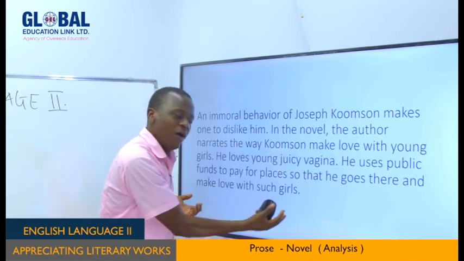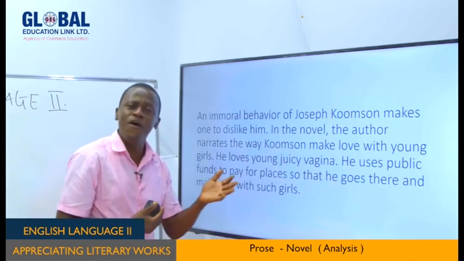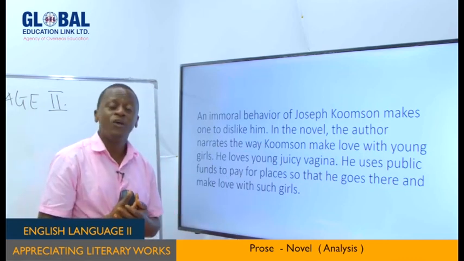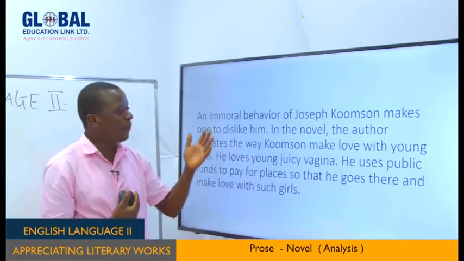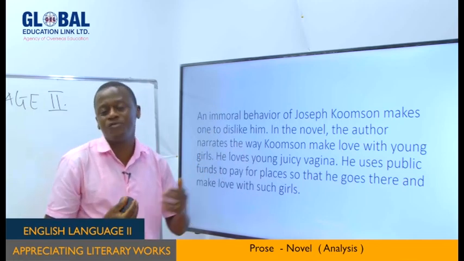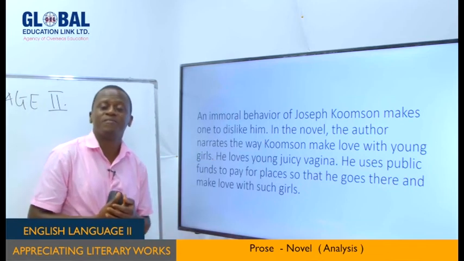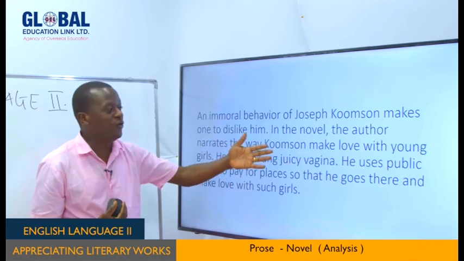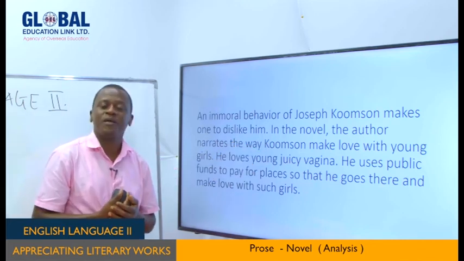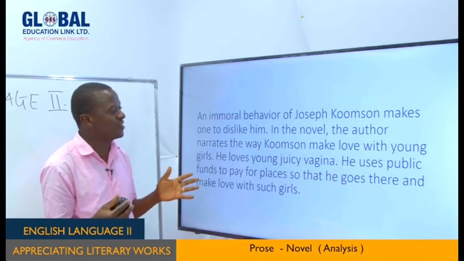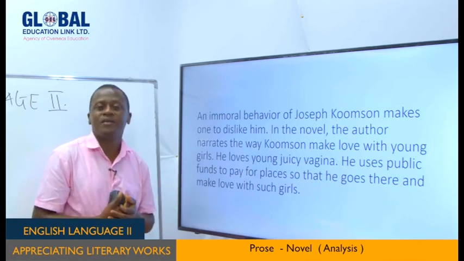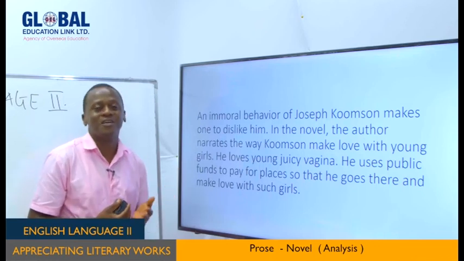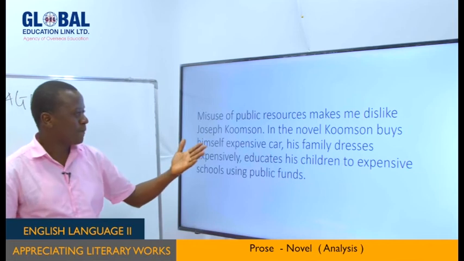That such people like Thompson should be avoided. Such a person should be taken to the court of law. Such a person should be alienated from the society. Because Thompson is not there to build a just society, a society which is morally upright. He is destroying the young generation. Dear students, let us move to the next point.